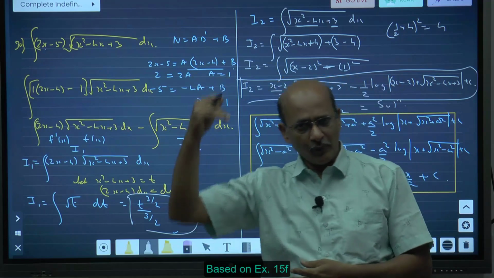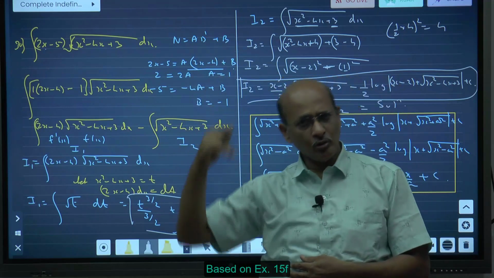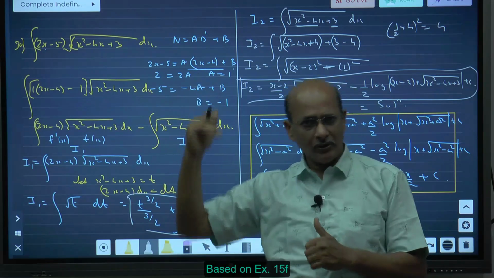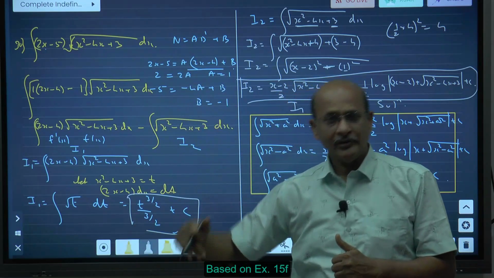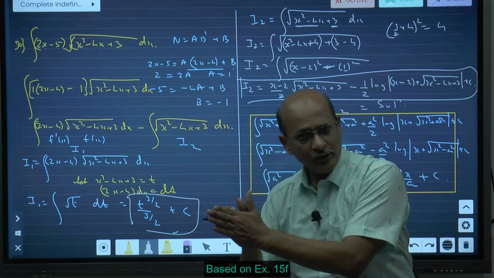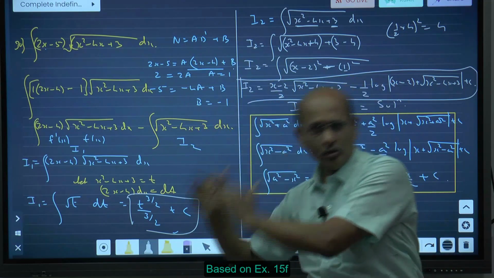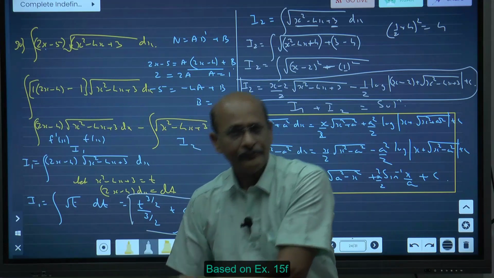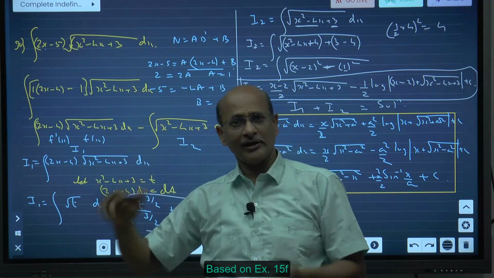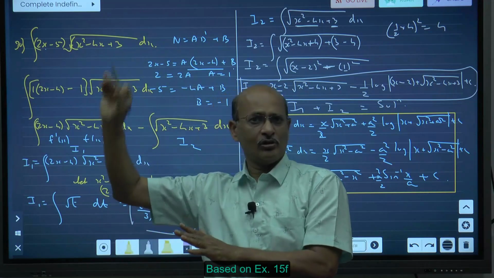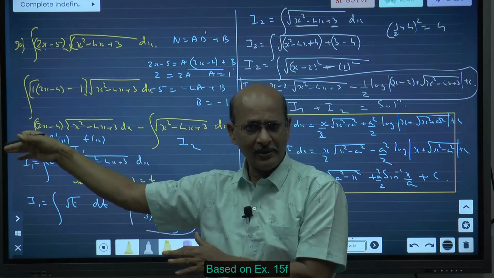We have dx upon quadratic, dx upon root quadratic, dx upon bi-term formula, dx upon root bi-term formula, then dx upon quadratic converted into bi-term, dx upon root quadratic converted into bi-term, and linear upon quadratic, where numerator is equal to a into derivative of denominator plus b.